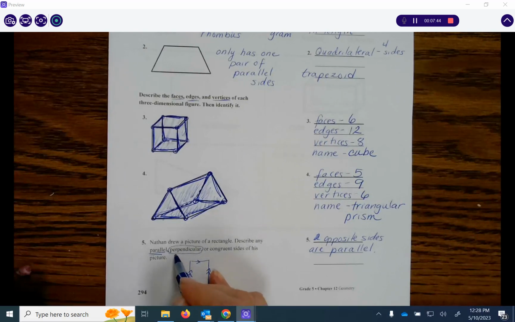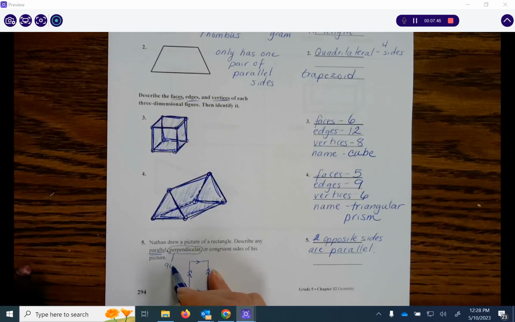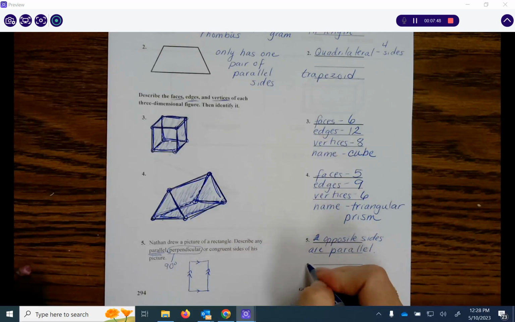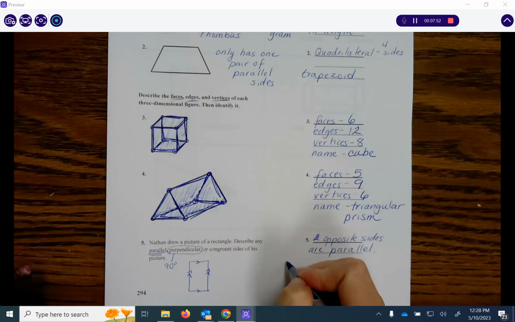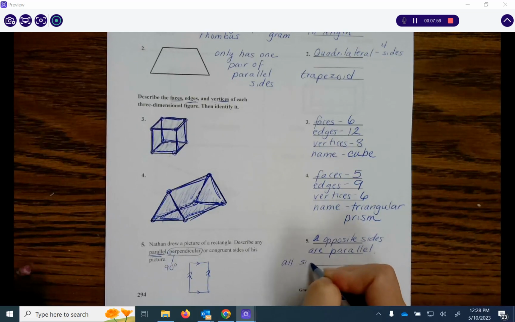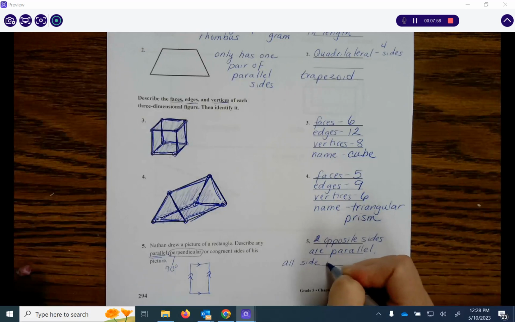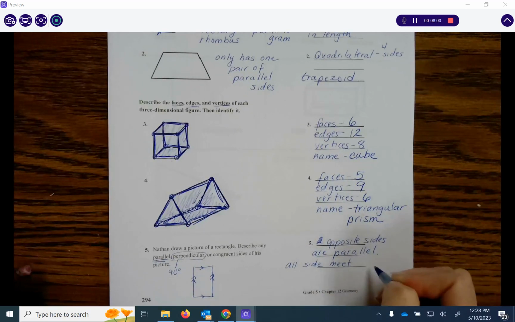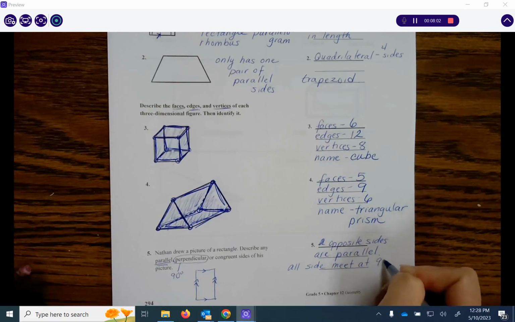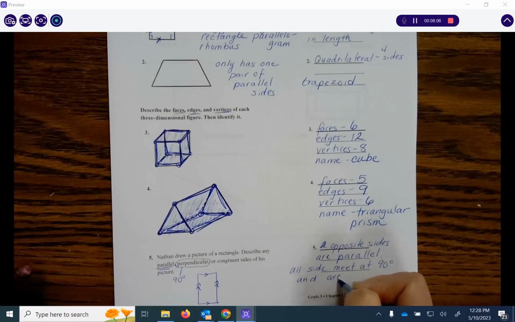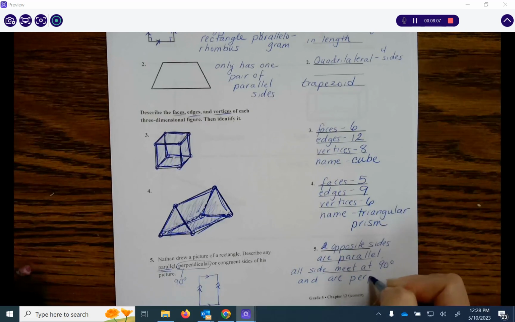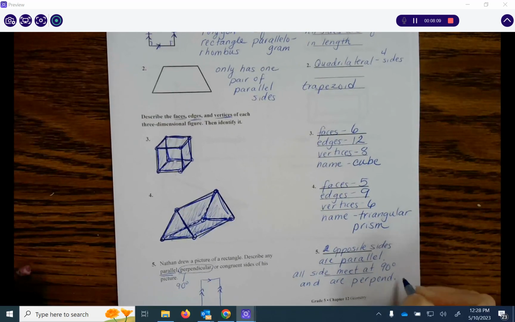Perpendicular. Perpendicular is 90 degrees. So, how do we want to say that? All sides meet at 90 degrees and are perpendicular.